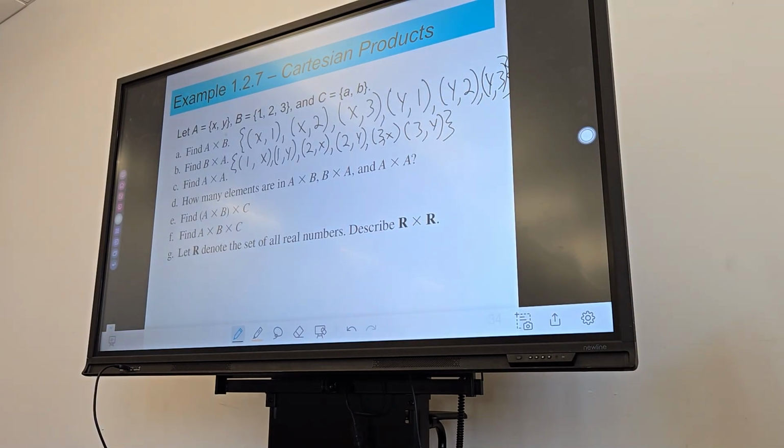So the combinations get big quick, the number of combinations. Makes for a lot of writing or typing if you do it by hand.